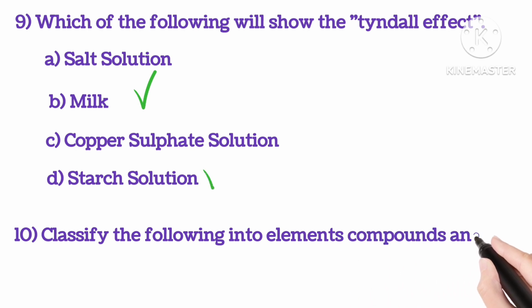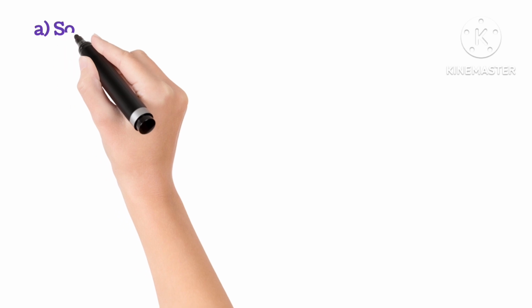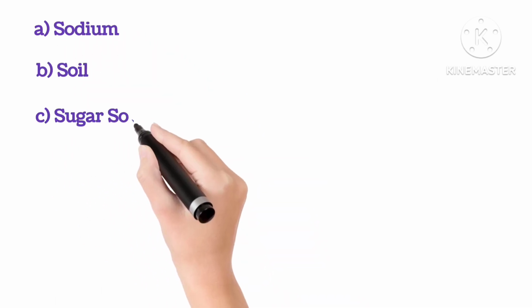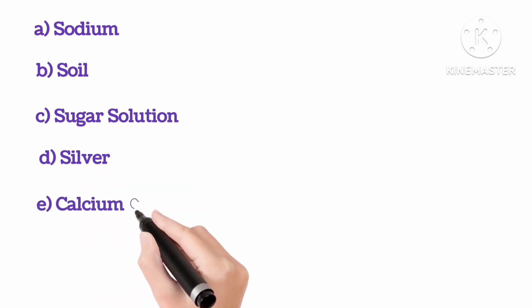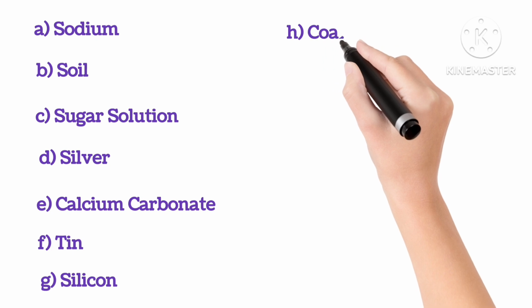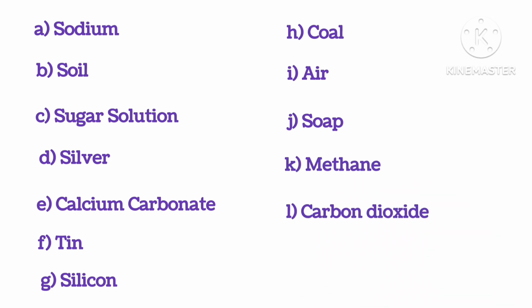Classify the following into elements, compounds and mixtures: sodium, soil, sugar solution, silver, calcium carbonate, tin, silicon, coal, air, soap, methane, carbon dioxide, blood.